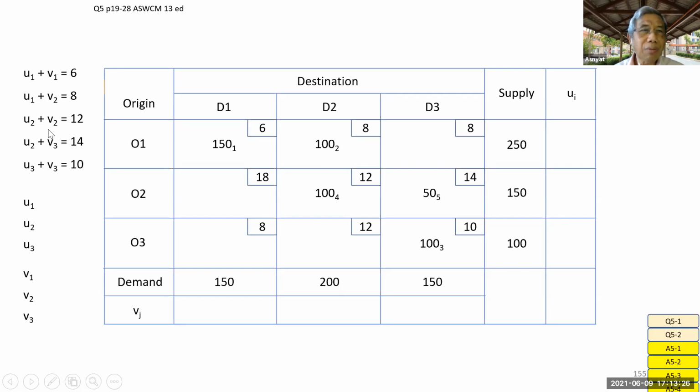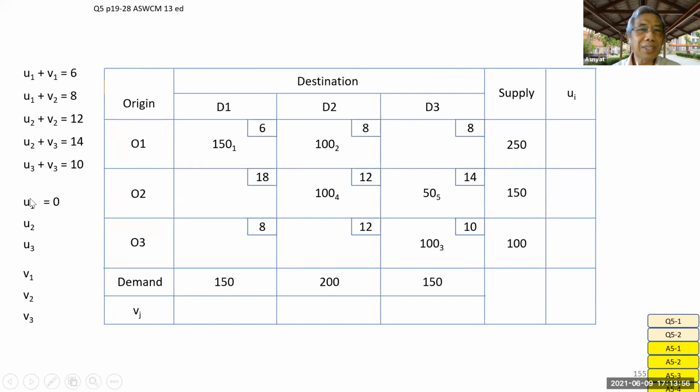Now we have 5 equations and 6 variables. It's not possible to solve simultaneously, so we do a mathematical trick. Let U1, in normal practice, equal 0. If U1 is 0, can you find V1?